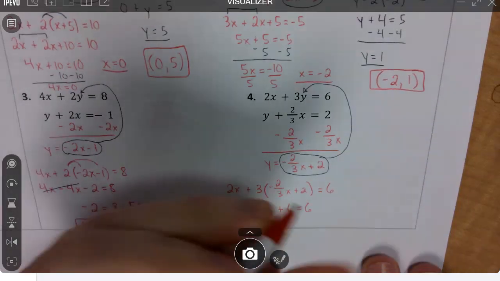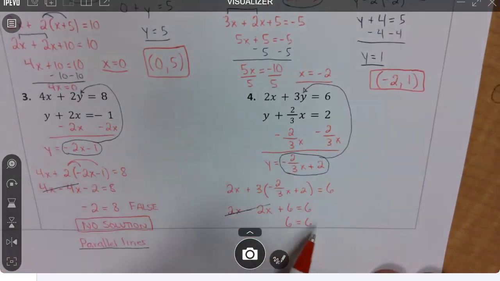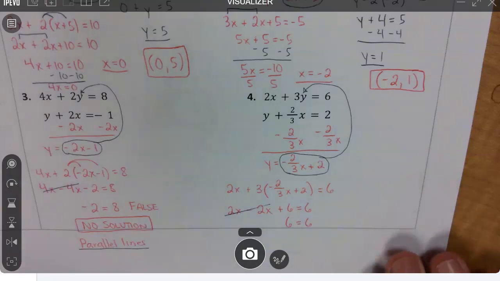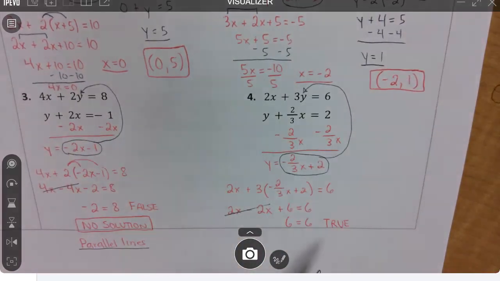And now I'm left with 6 equal to 6. Well, that is true. Now the left side of my equation is equal to the right side of my equation. That's a true mathematical equation. So, if that's true, that means any value of x would work in this equation.